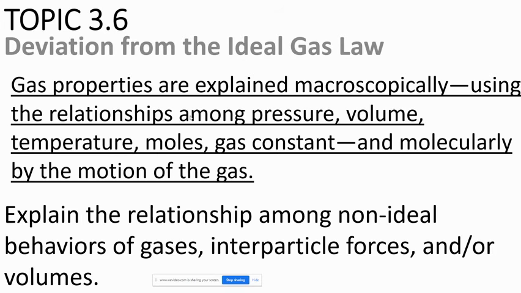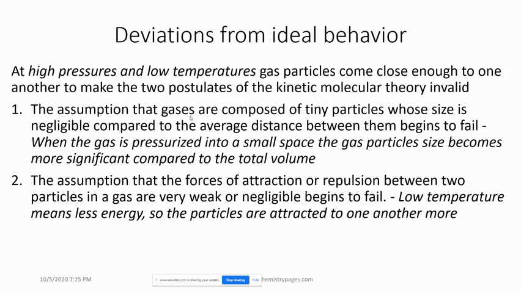So when do we deviate or move away from the ideal gas law? Well, I always think of it in terms of what would lead to an increase in intermolecular forces. And what would do that would be high pressures, because at high pressures, you're pushing those gas molecules closer to one another. If they're getting closer to one another, just like if you get magnets close enough to one another, they're going to attract one another, and that's going to lead to your intermolecular forces.